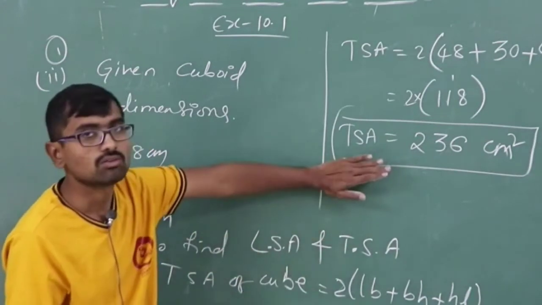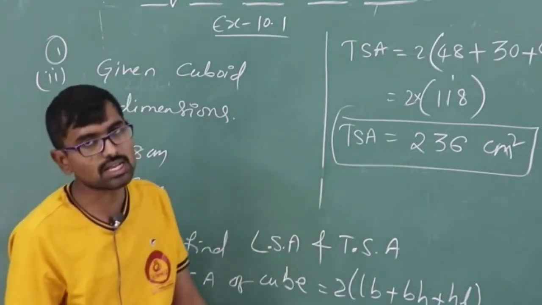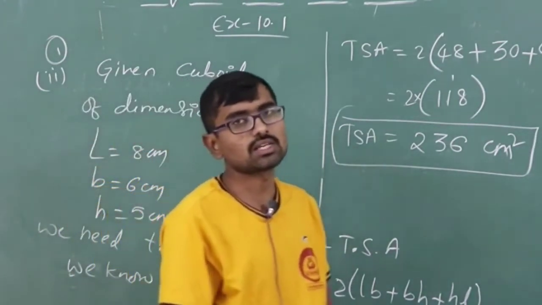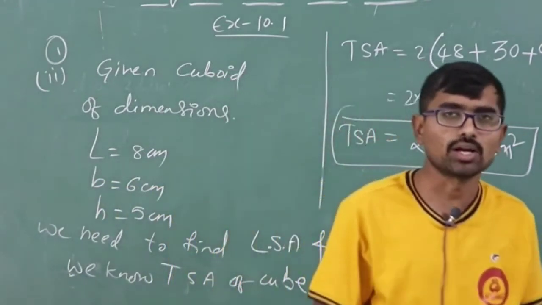Okay, this is how we find the lateral surface area and total surface area of the given cuboid.